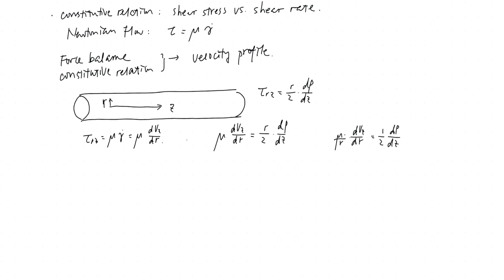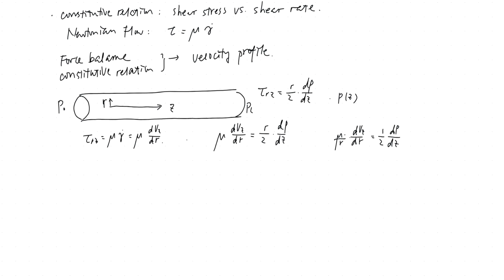The pressure is a function of the axial direction because we say that it's a pressure-driven flow, with P naught at the inlet and PL at the outlet, and then there's a pressure difference. So pressure is a function of Z, and it's not a function of R because at each cross section, the pressure would be constant. If it's not constant, then you would have fluid motion along the radial direction, which isn't the case for this type of fluid.